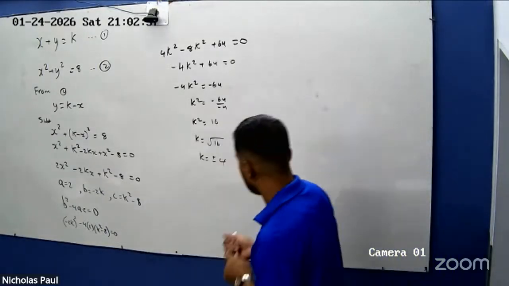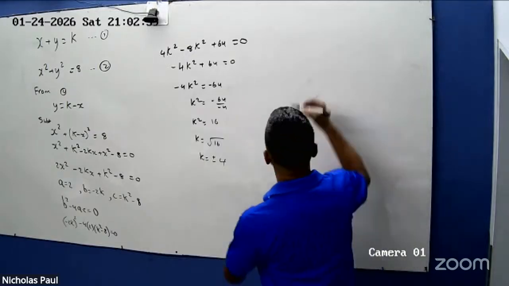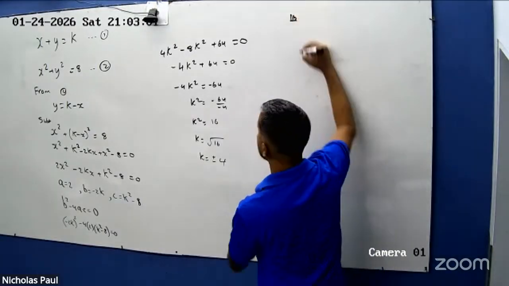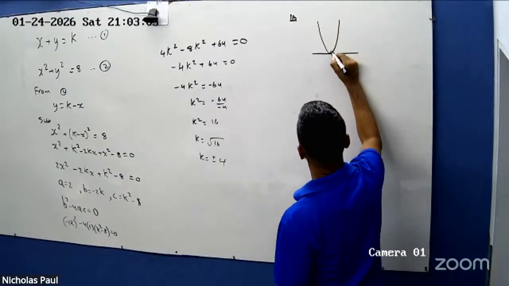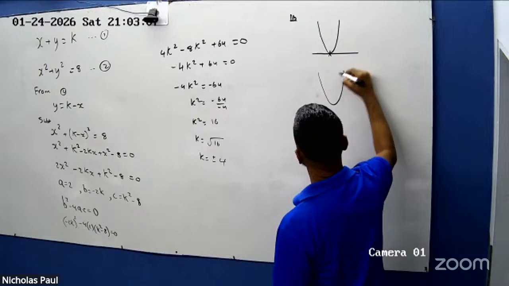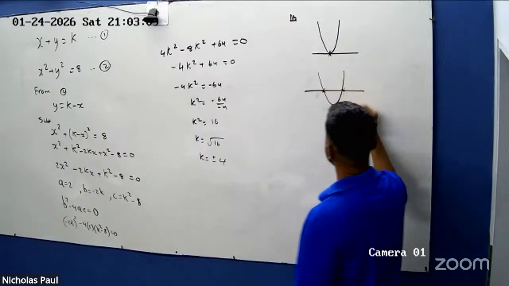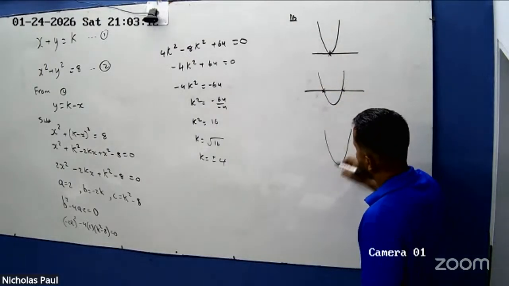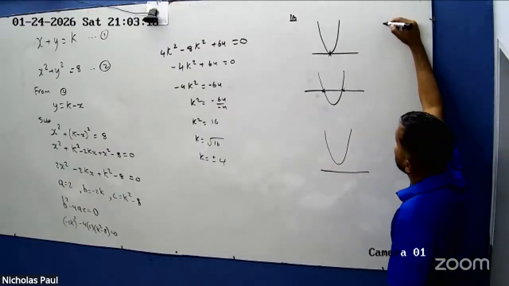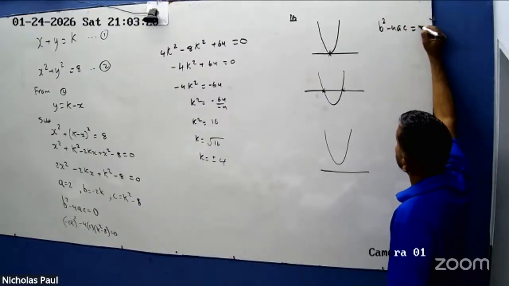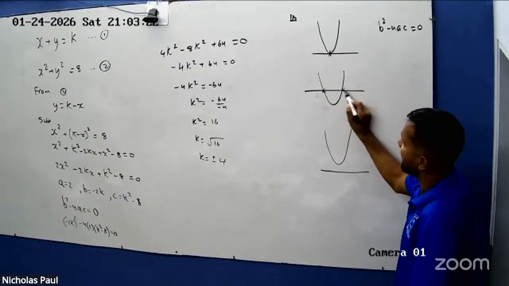As we're talking about that, I want you to note how it will look as well. If I give you a quadratic and you see something like that, or something like this, or this happens. How many solutions does it have here?